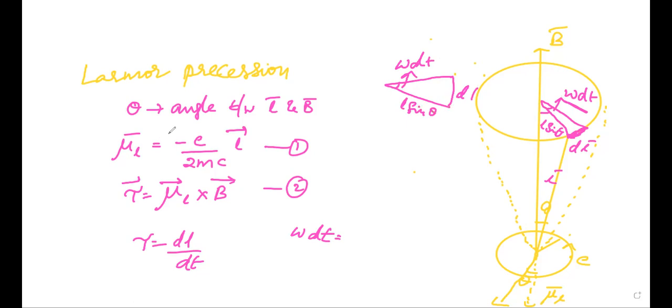Then omega dt is equal to dl by L sin theta, because angle is equal to arc by radius, the formula for a cone. Then omega into dt is equal to modulus of dl bar by L sin theta.